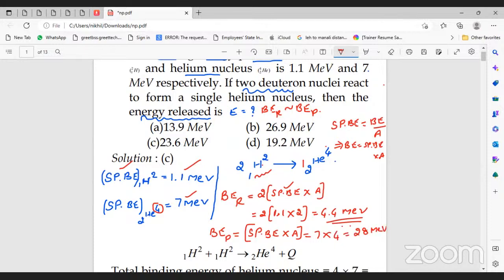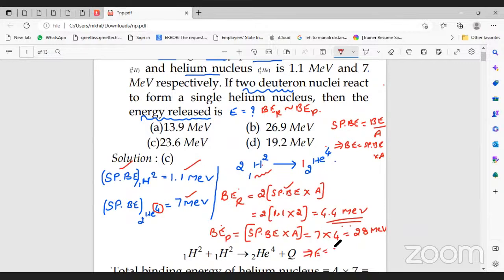So binding energy of the product is 28 mega electron volt, and binding energy of the reactant is 4.4 mega electron volt. So what is the energy released?